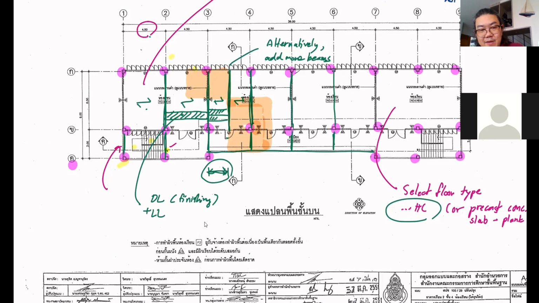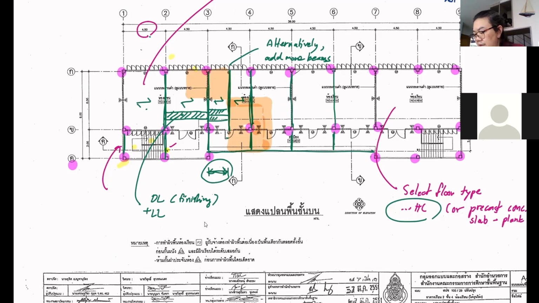Marble is very heavy, you know. If I remember correctly, marble is going to cost you 200 kilograms per square meter, because you need to lay down some sand and some stuff before you can actually put marble on the system. For granite, it's going to be close to 100. So you have the weight of the finishing.